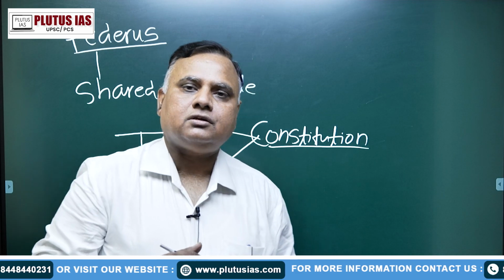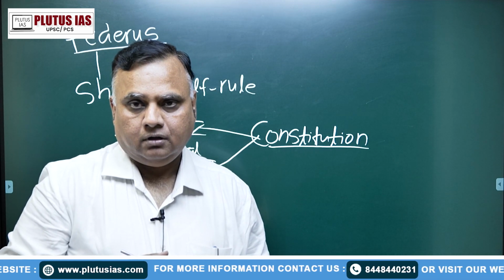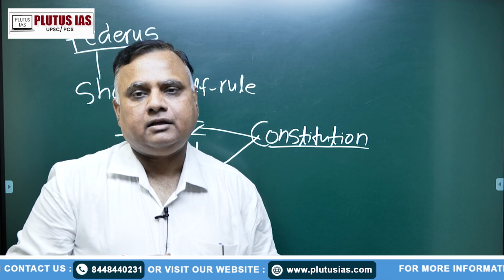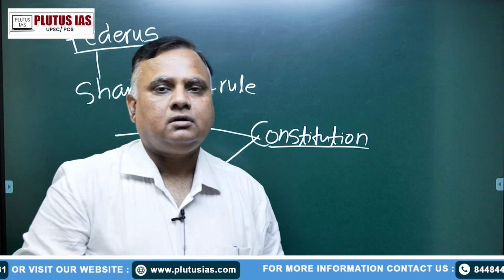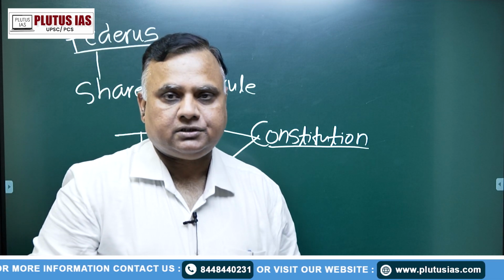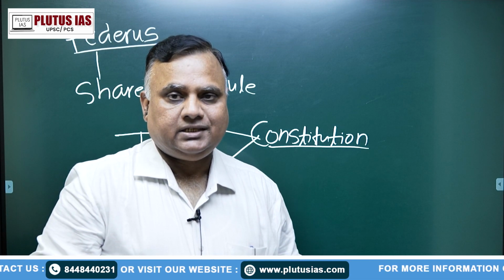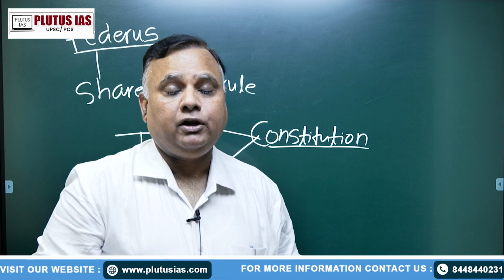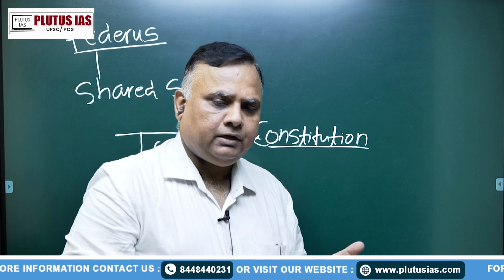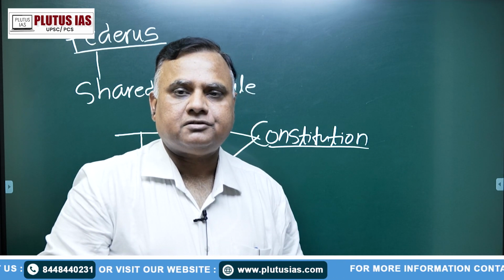In contrast to federal polity, there is unitary polity where states are empowered at the sweet will of center through delegation of powers, through decentralization of powers at the will of center. So in small countries, unitary polity is for administrative convenience.